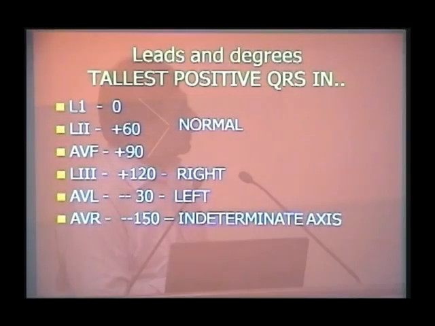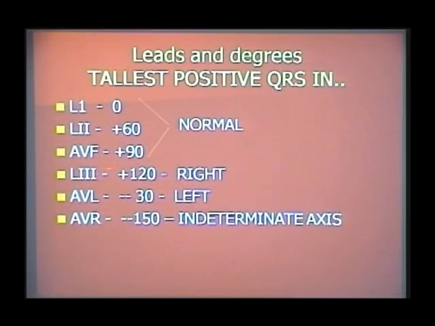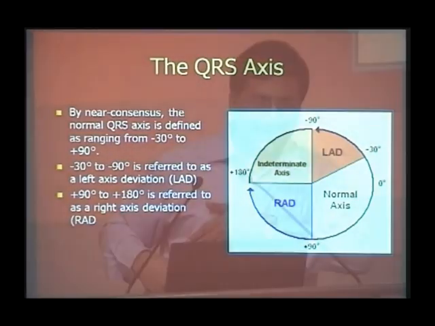Right? So, this is L1 0, L2 plus 60, AVF plus 90 normal, L3 plus 120 right axis, AVL minus 30 left axis, AVR minus 150 indeterminate axis. So, it is easy to remember. This quadrant is left axis, this quadrant is right axis, this quadrant is normal axis, this quadrant is indeterminate.